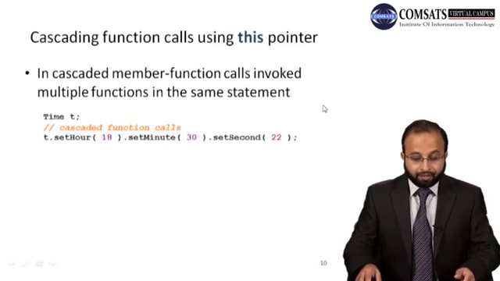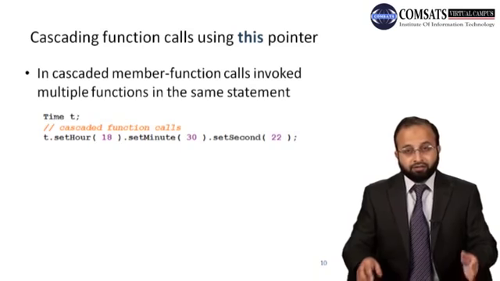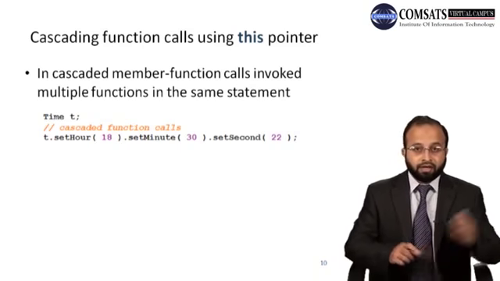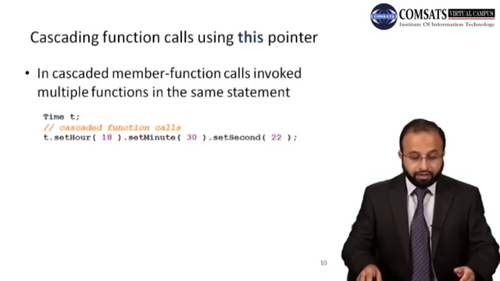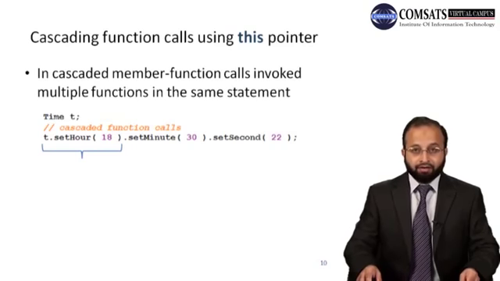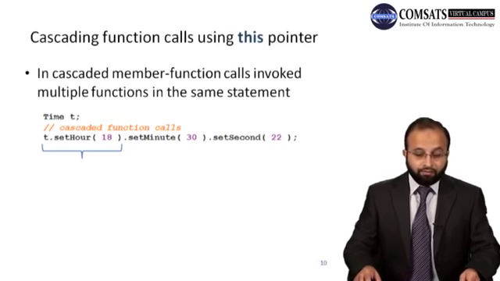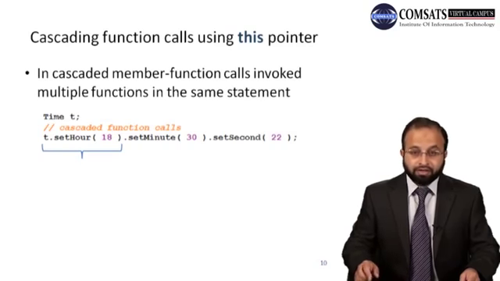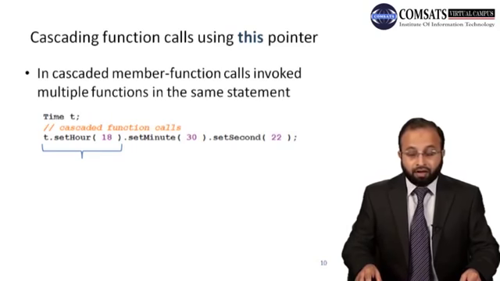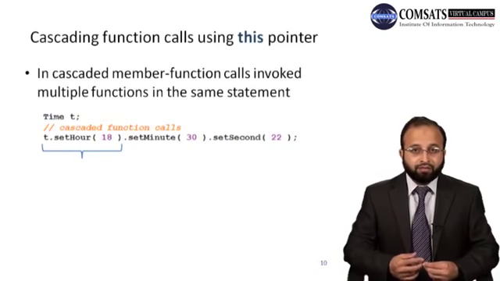Now in this case, the associativity of the dot operator is from left to right. So we will solve the leftmost call first. So this will be solved. Now the setHour member function is invoked by the object T. And when this is invoked, it will set the hours of the object T. The object T has 3 private data members, these are hour, minute and second.